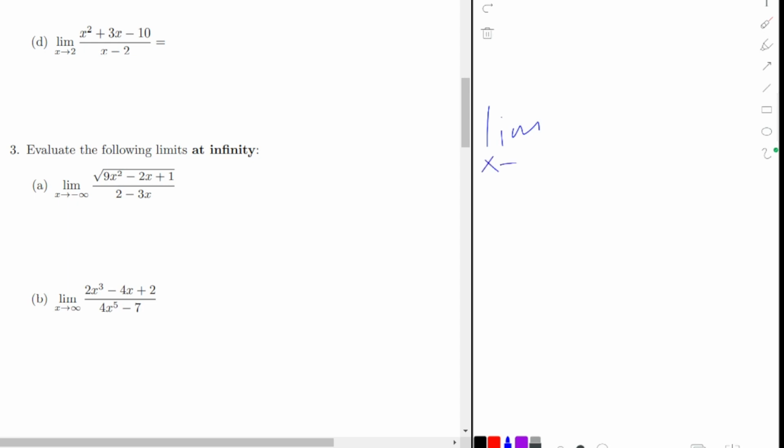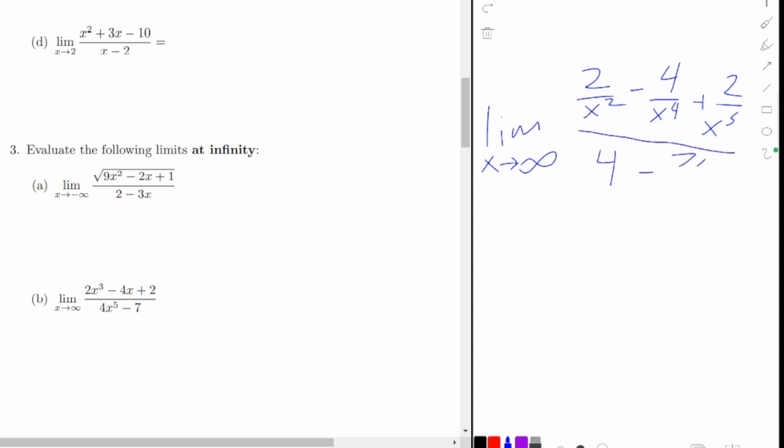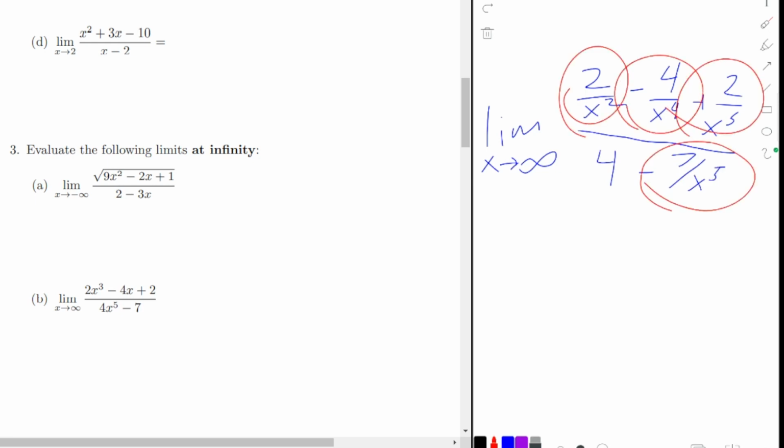What will happen to the numerator is it will become 2 over x squared minus 4 over x to the 4th plus 2 over x to the 5th, all over 4 minus 7 over x to the 5th. And each and every one of these terms will go to 0.